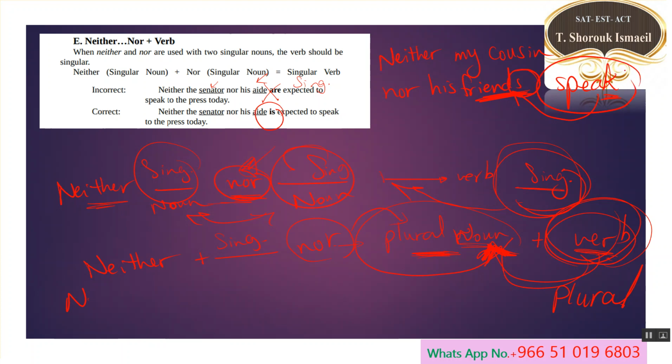So when you find neither, your verb follows its closest noun.